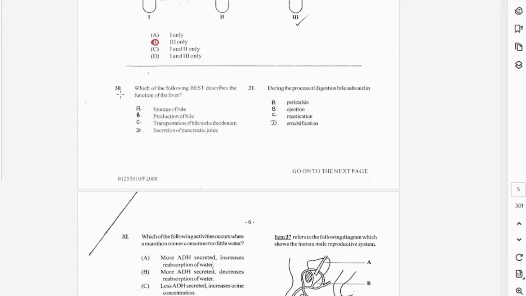Then we have 30. Which of the following best describes the function of the liver? And that would be D, secretion of pancreatic juice. So you have the storage of bile. Bile is stored, I'm sorry, not D, my bad.